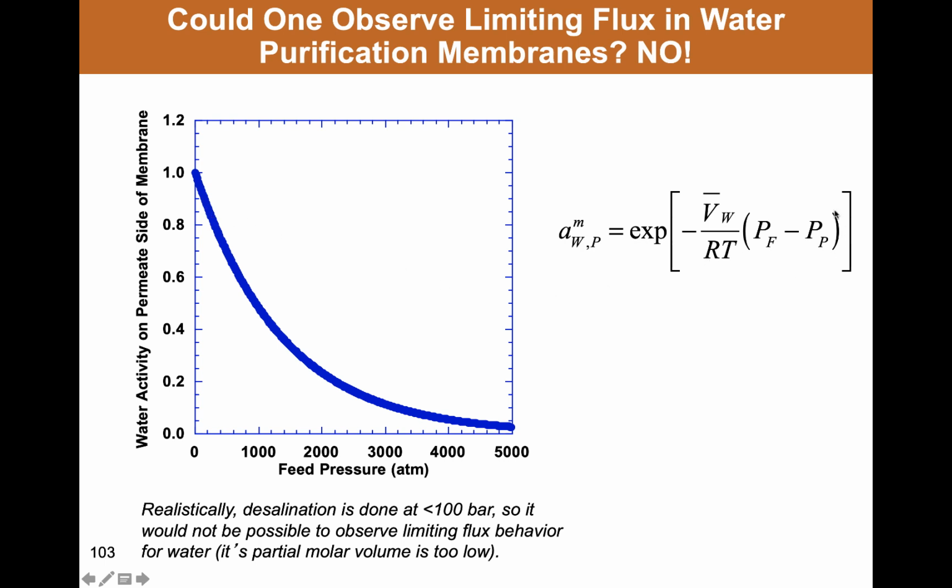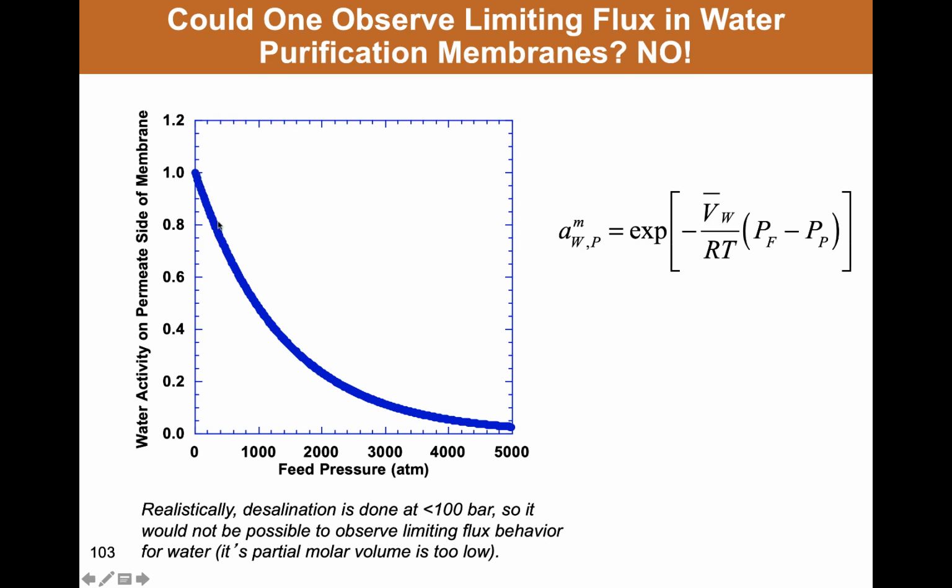If you did a Taylor series expansion on this term, the first term would be linear, and that's essentially the region we operate in for desalination, and is essentially why the water flux across the membrane is a linear function of pressure. You're in this linear region of how water activity, and you're at low concentrations of water, relatively speaking, so water activity is proportional to water concentration.